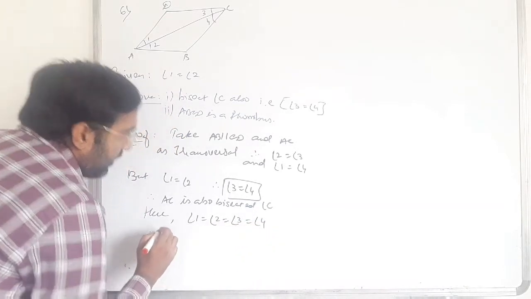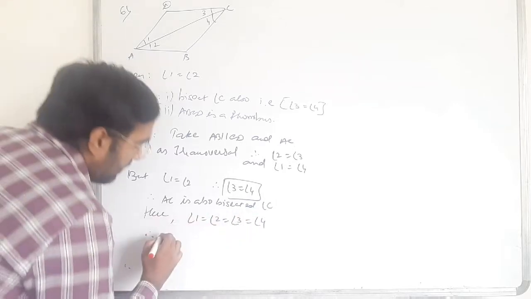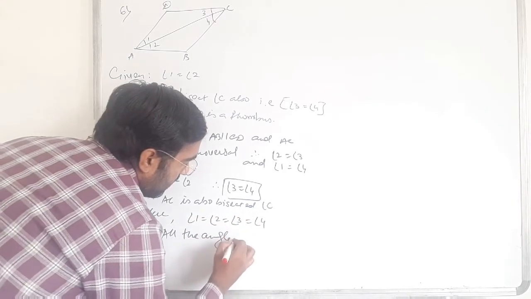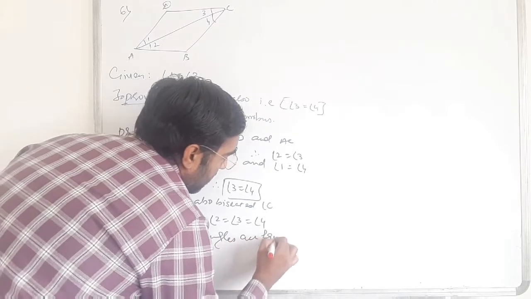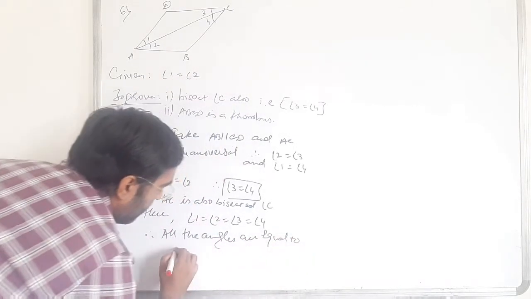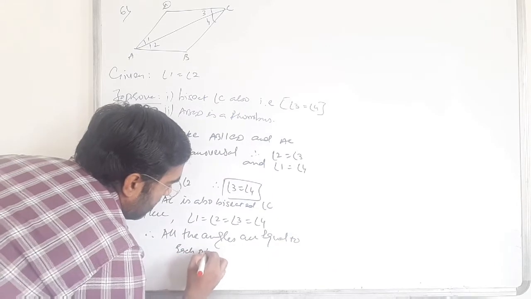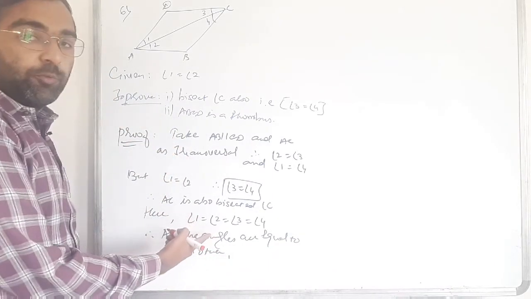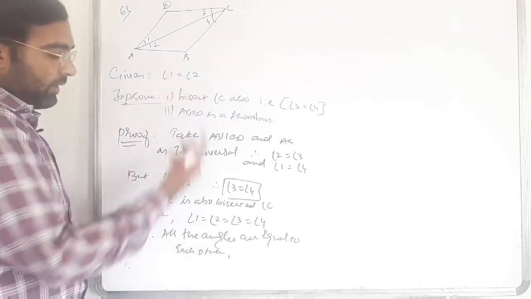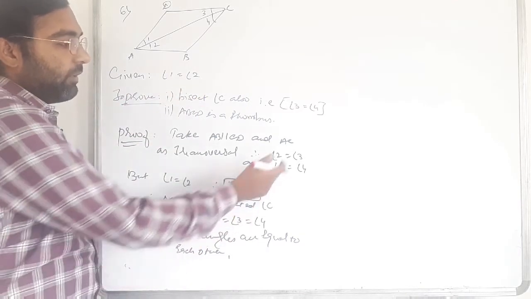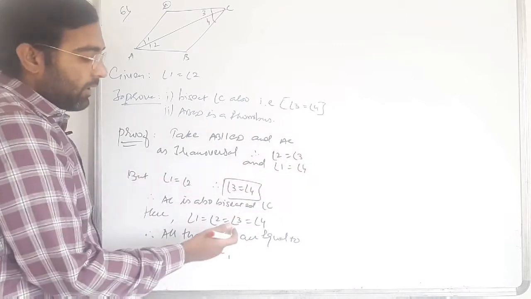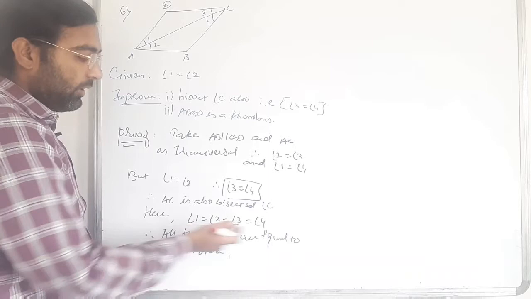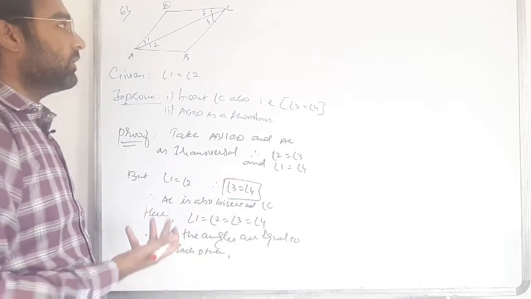Therefore all the angles are equal to each other. Angle 1 equals 2, that is the given. Now we have proved that 2 is equal to 3, and we also proved that 3 is equal to 4. Therefore all the angles are equal to each other.